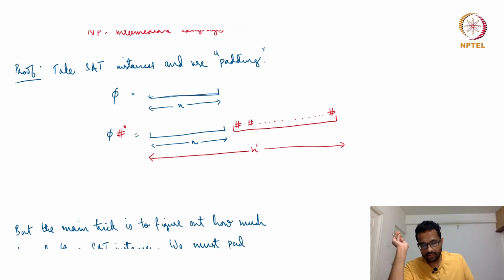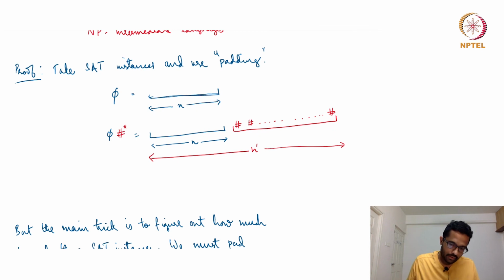Now I have to decide whether a Boolean formula phi followed by a bunch of hashes is satisfiable, but the problem length has grown so big.